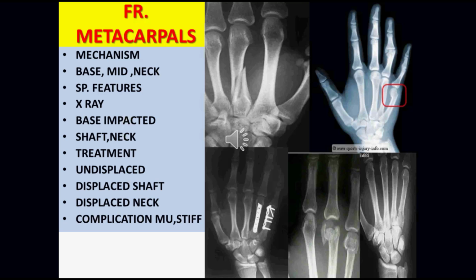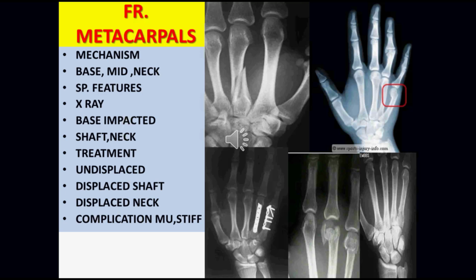Rotational deformity, however, is serious and may result in malposition of the entire ray when the hand is closed in a fist. In the fracture of the neck, particularly of the neck of the fifth metacarpal, the small distal fragment may be tilted markedly toward the palm.